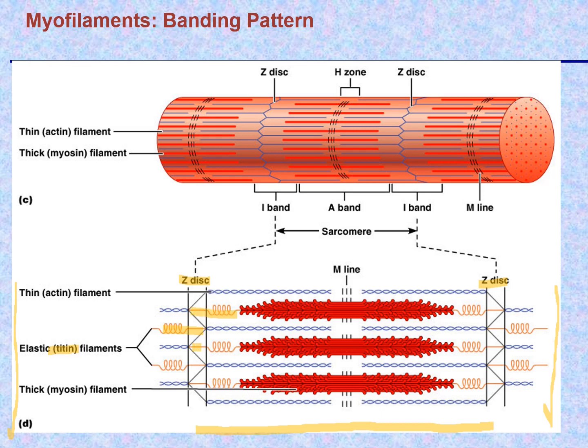That's why they're called titin. Titan is a huge god from Greek mythology. So you have titin associated with the Z discs, helping to attach thin and thick filaments, as you can see, and giving it elastic properties.